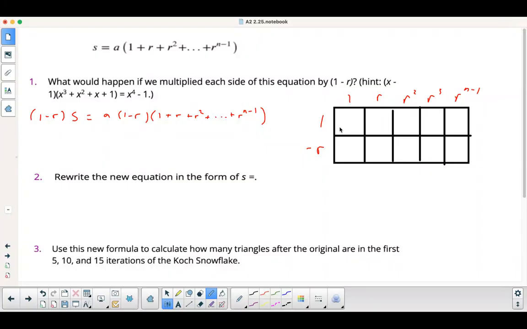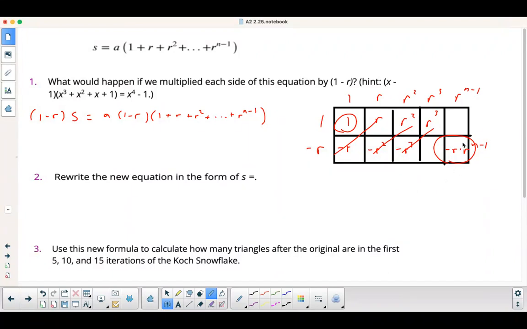All right. So I start multiplying 1 times 1. This will be negative r. This will be positive r. This will be negative r squared. Positive r squared. Negative r cubed. R cubed. And what you start to see is these cancel out diagonally. So the only two terms that are going to matter are this one and this one. So what's this? This is going to be negative r times r to the n minus 1.